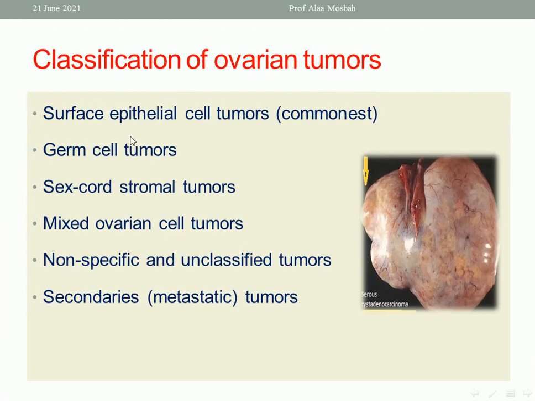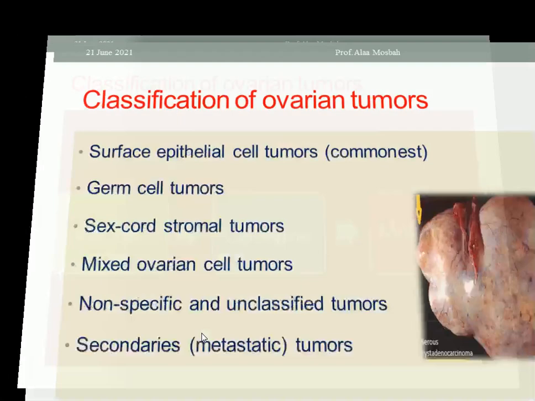This is the classification of the ovarian tumor according to the WHO. Surface epithelial, the commonest, like serous adenocarcinoma, that is this picture. Germ cell tumor, sex-cord stromal tumor, mixed ovarian cell tumor, non-specific and unclassified tumor, and the secondaries, or what are called metastatic tumors to the ovary.